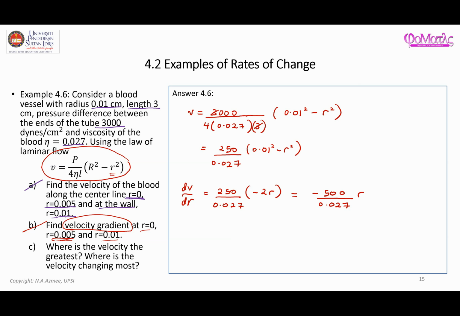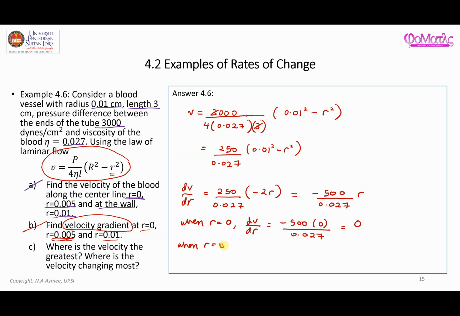Okay, now we're just going to substitute the value. So when r is equal to 0, dv dr is just 0. Negative 500 times 0 over 0.027, so the answer is 0.